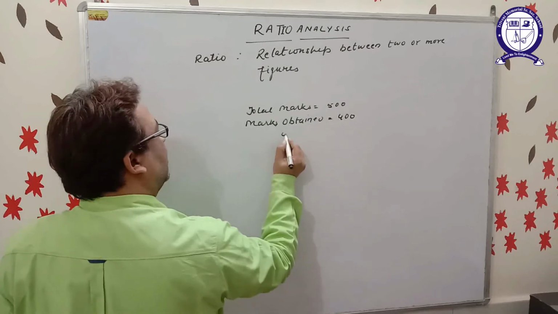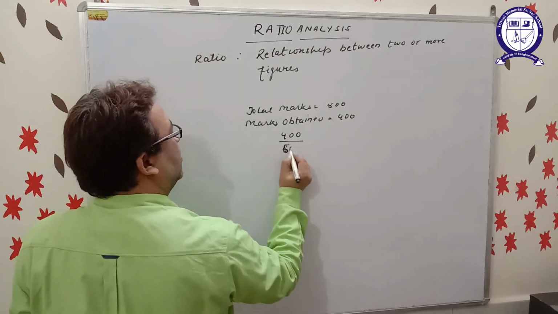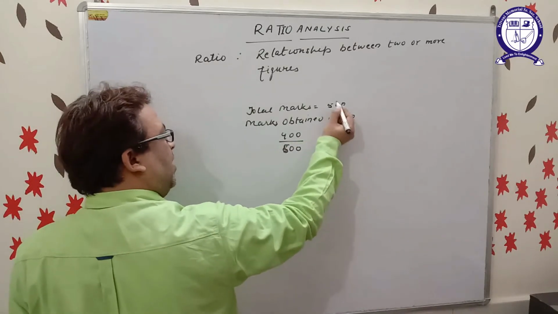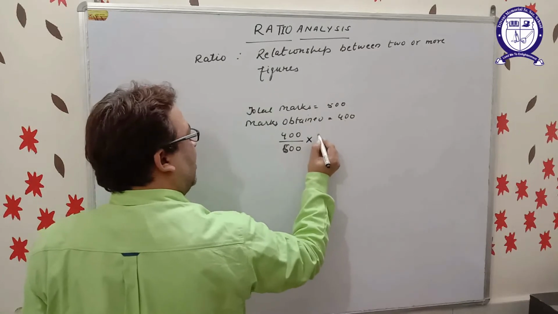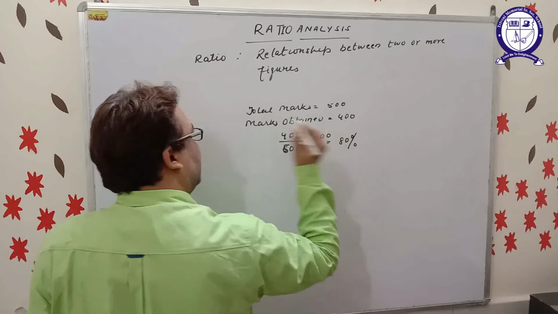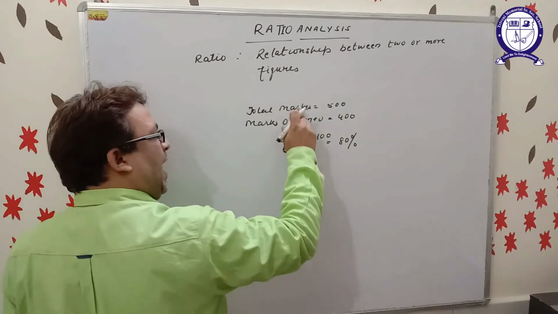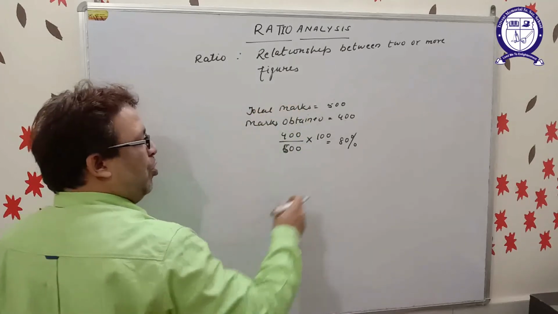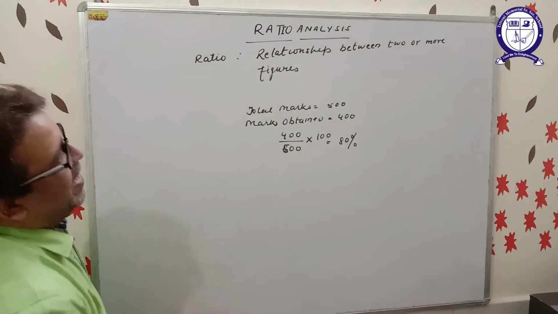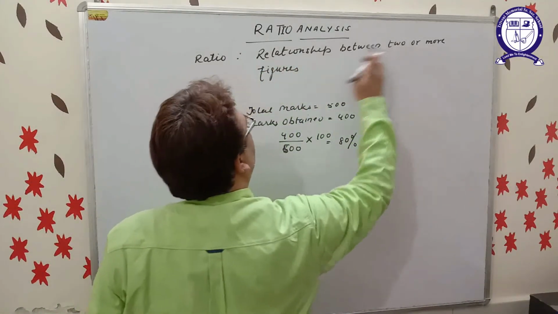We calculate the percentage of the student: 400 marks obtained divided by total marks, into 100, is 80%. Here we are creating the relation between marks obtained and total marks. So this is a ratio. So once again, ratio is the relationship between two or more figures.